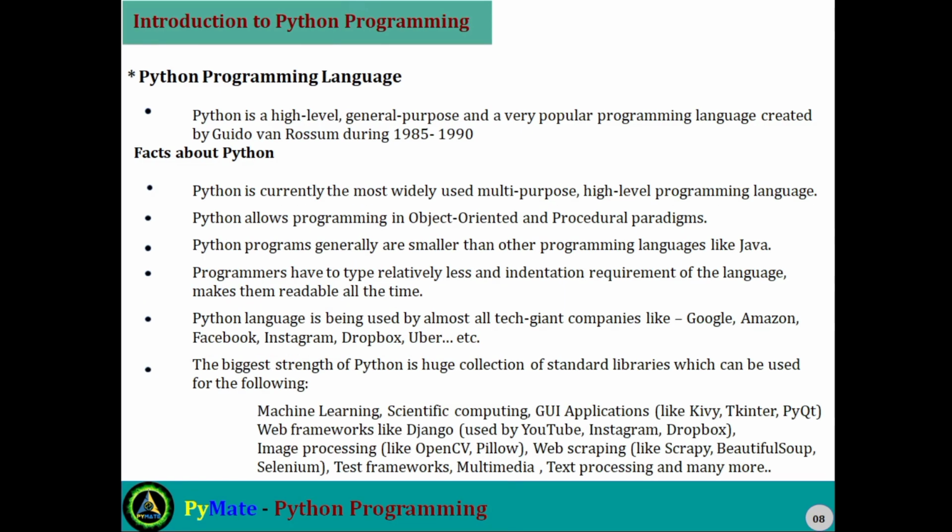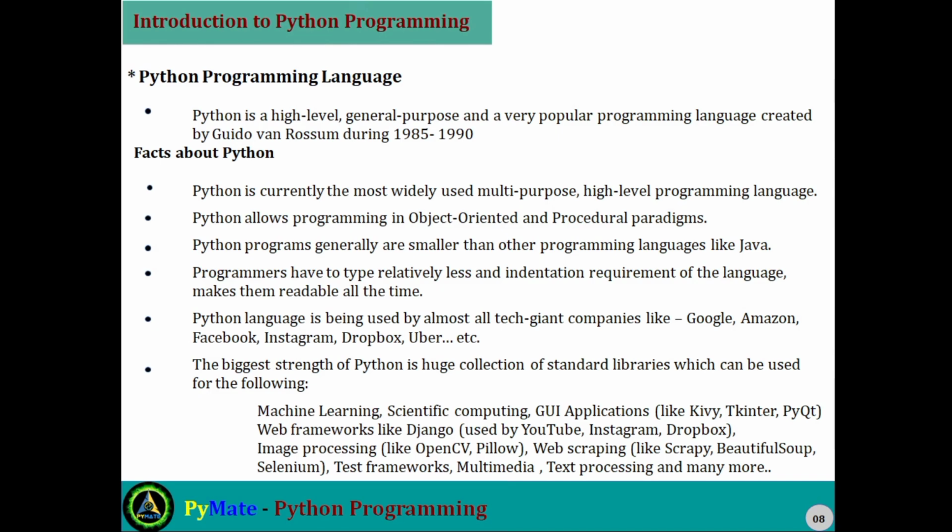The biggest strength of Python is its huge collection of standard libraries, for the trending technologies which we are using now, like machine learning and scientific computing, and GUI applications like Kivy, Tkinter, PyQt. All these libraries are available in Python.